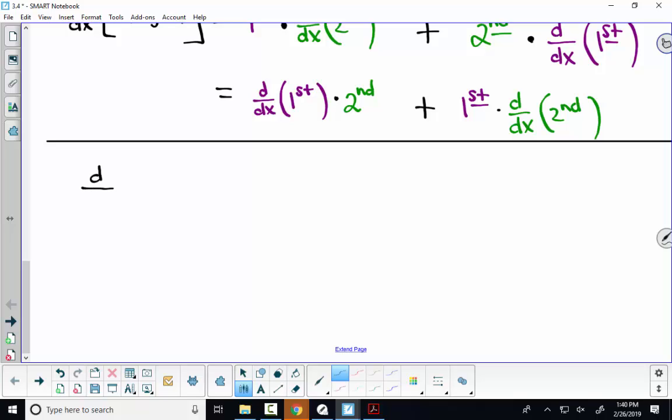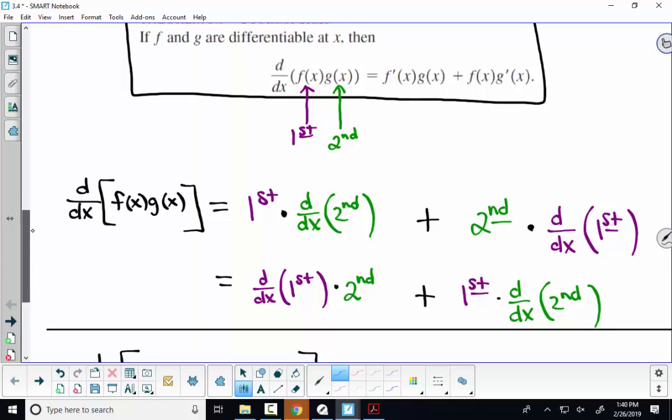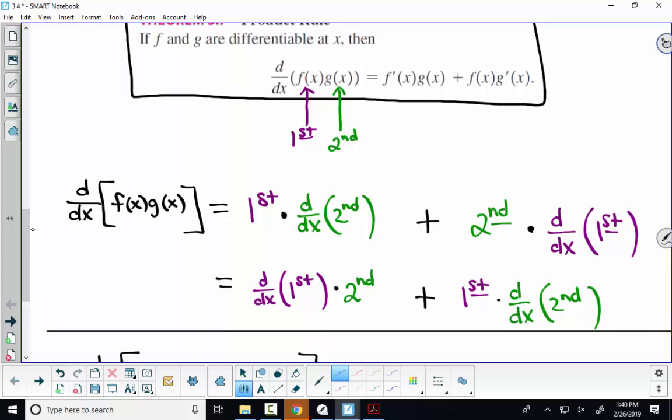So yeah, the question was, what if we had to take the derivative of a product of three functions? So f times g times h. Our definition above does really cover three functions.